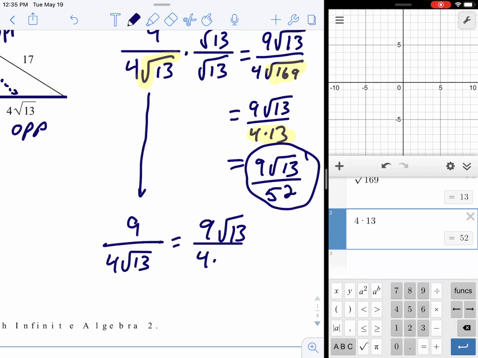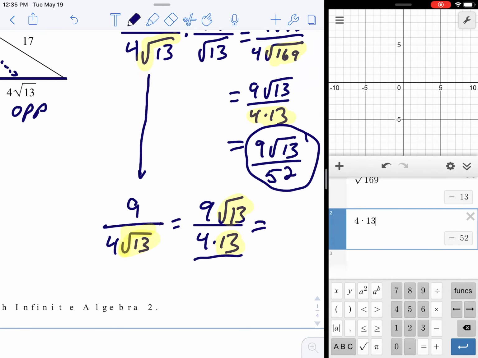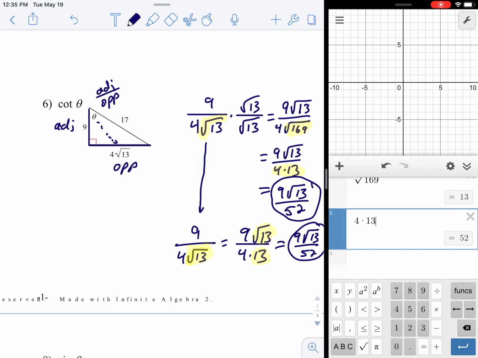But then just get rid of the radical sign. So you move this up here and then get rid of the radical and just bring the 13 over. And then, as you can see in the calculator, 4 times 13 is 52. 9 radical 13 over 52. So same answer, a lot less work.